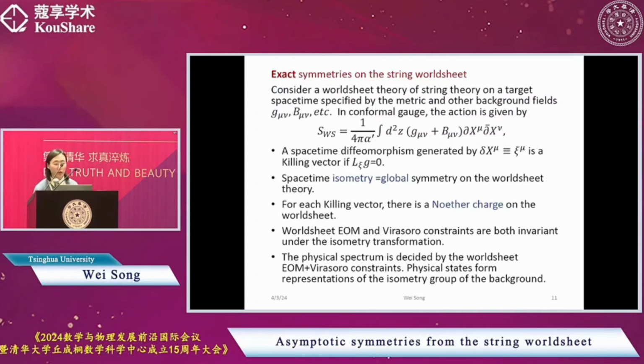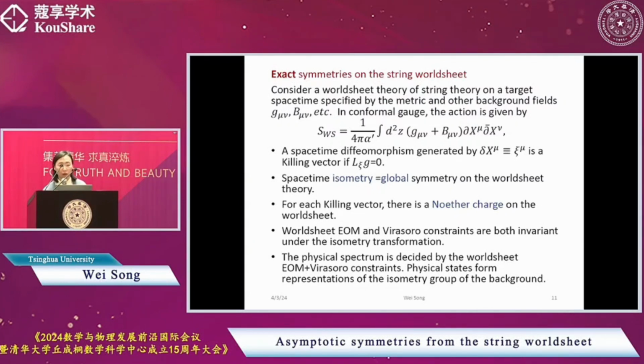This symmetry generator on the string worldsheet is just another charge in a two-dimensional quantum field theory. And we know that the string equations of motion and Virasoro constraints are all invariant under these exact symmetries.